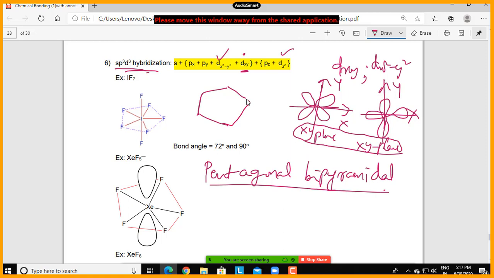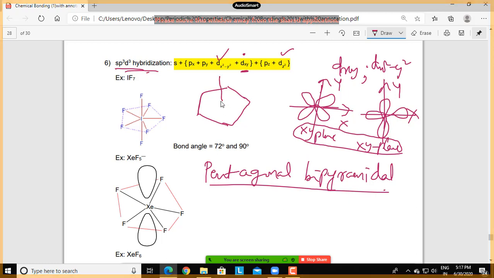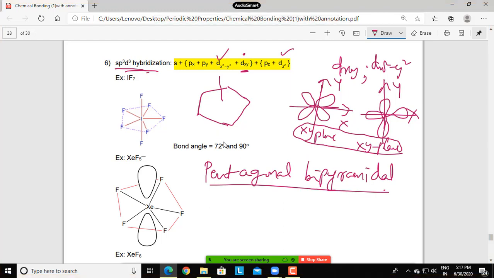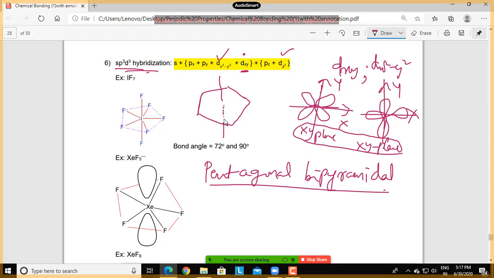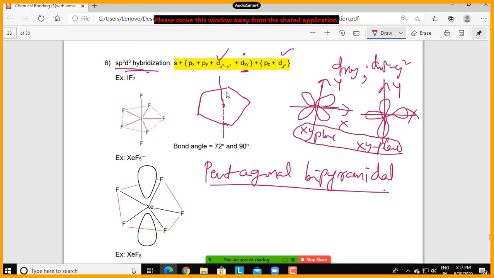So you join, you got a pentagon. This pentagon you draw in one plane and you take one axis above it and below it. One axis intersecting the center of a pentagon, another you take like this and broken line because this is below that. So if you take like this, it is pentagonal bipyramidal.